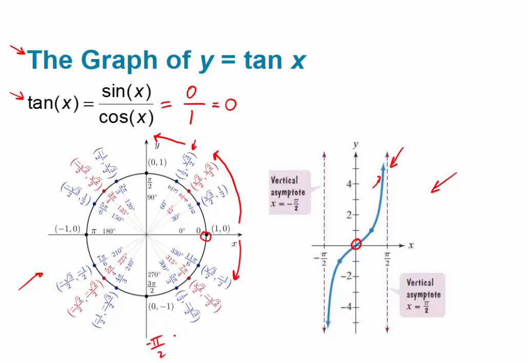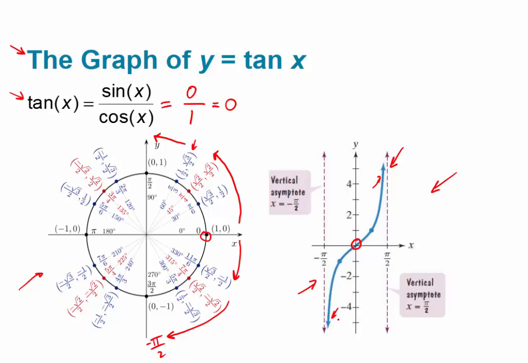And at negative pi over 2, we get the same scenario where our cosine of x is 0, and so we end up with another place that's undefined. We get this other asymptote. And as we're approaching this asymptote, we're dividing a negative number by very, very small values. So this guy's going to take off to negative infinity.